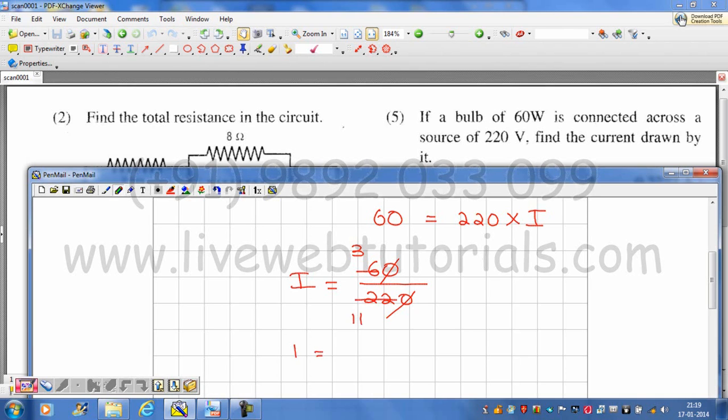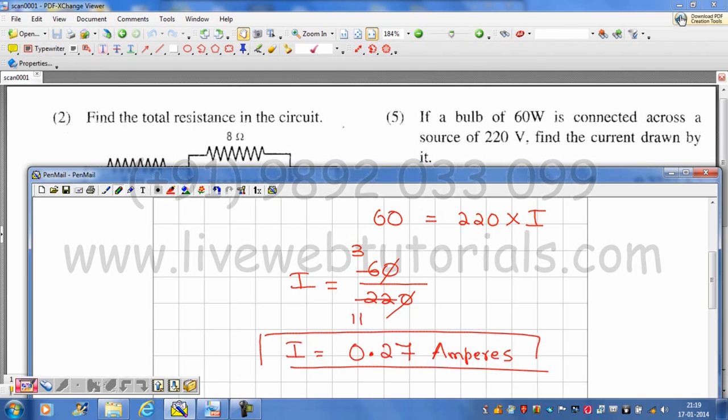If you divide this, this is going to give me 0.27 amperes. Of course, this number is recurring, it will go 0.272727. Okay, but we have rounded up to second decimal place.